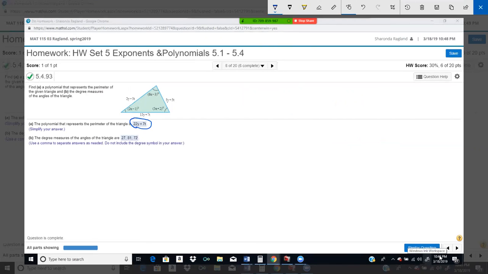So that's the perimeter. Now the problem, the work is when you have to find the degree measures of the angles of the triangle. Now they will tell you in the question help that the sum of the angles is 180 degrees.